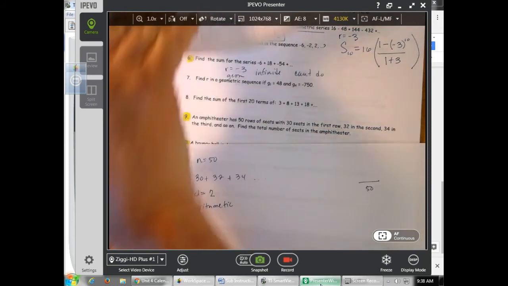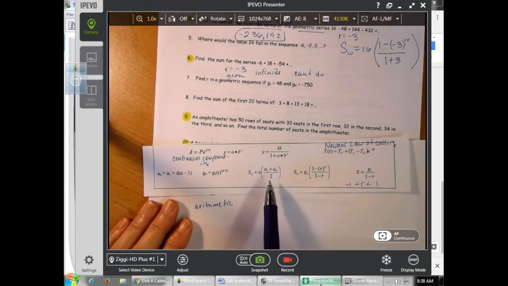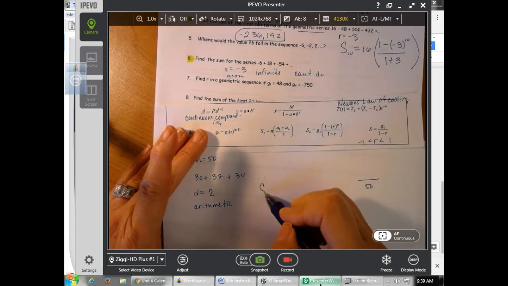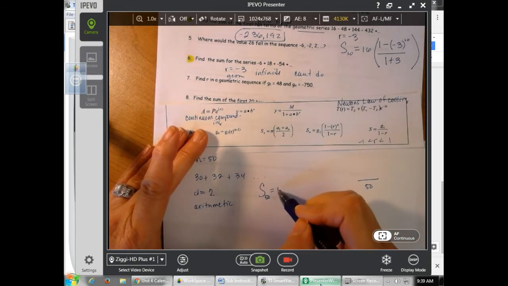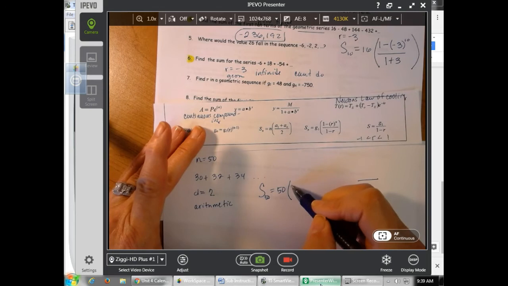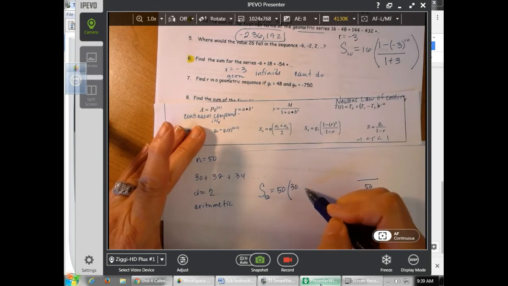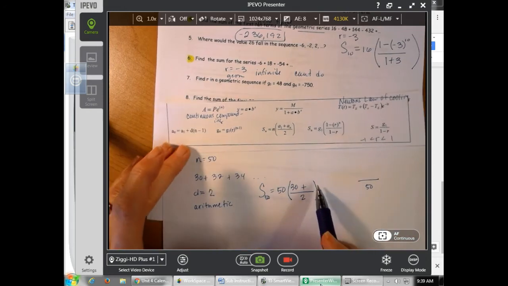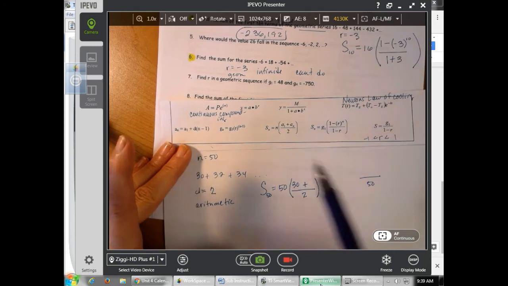So let's look at that formula. It's going to be this formula right here. So let's fill in everything that we have. Sum through the 50th. That means N is 50. My first value is 30. I do not know the 50th value, so that's what I've got to find. So that's when I go back and I use my explicit formula.